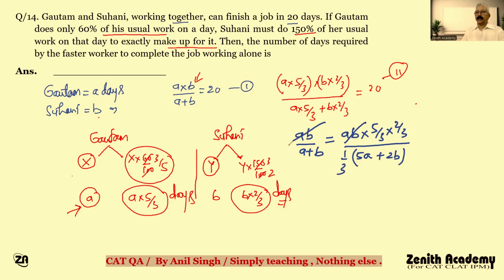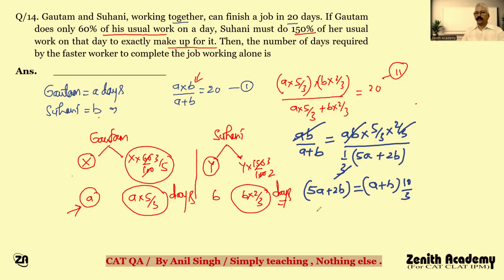So this and this cancel, 1 by 3, 1 by 3. So this one more cancels. Now simplify it. This is 5 into 2 gives 10, and it is 5A plus 2B is equal to A plus B, this 10 by 3.